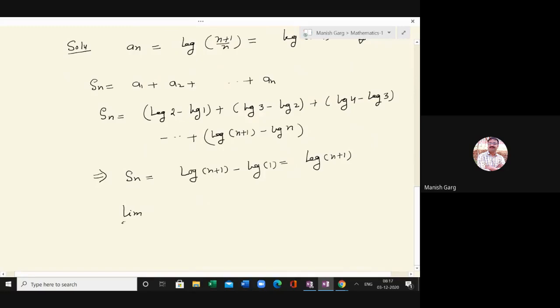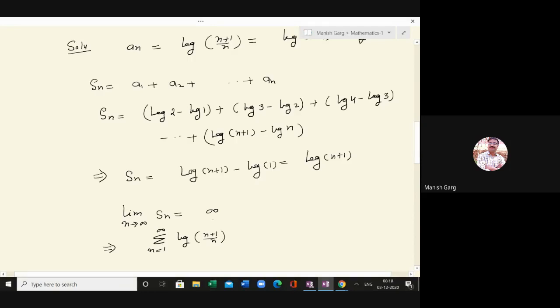Take the limit of Sn as n tends to infinity. So this is infinity. So you can say the series, summation n equal to 1 to infinity of log (n plus 1) over n, is not convergent.